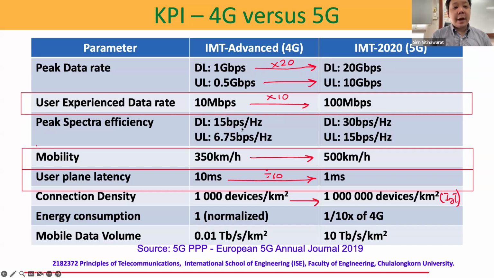User experience data rate, peak spectral efficiency. Spectral efficiency, remember, is related to both peak rate and also the number of users, because this is the effective use of the frequency. You don't just measure the peak rate, you offset that with how much spectrum each user is using.